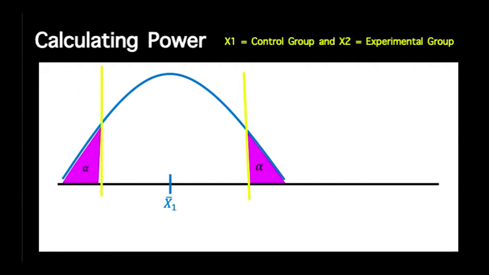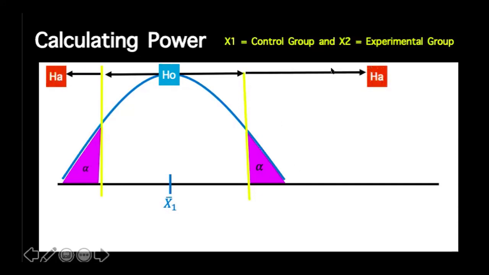Two weeks ago, we identified that the area within the level of confidence is where we would accept our null hypothesis, and areas outside, in our region of rejection, is where we would reject the null hypothesis and therefore accept the research hypothesis.